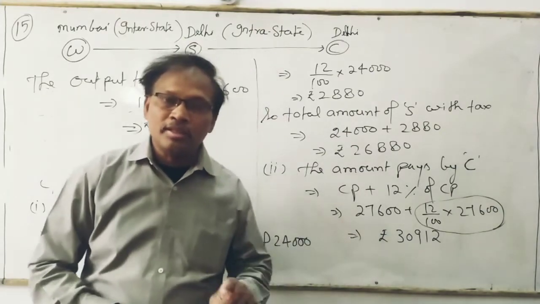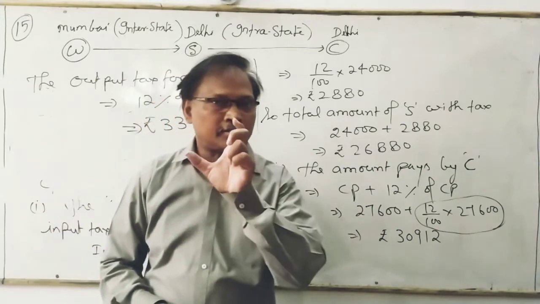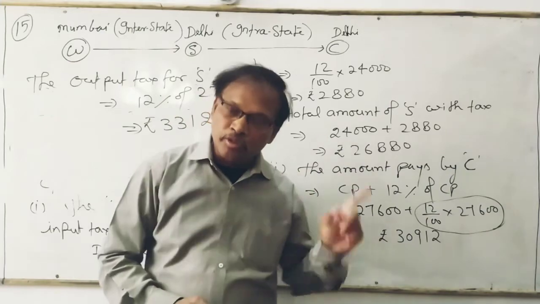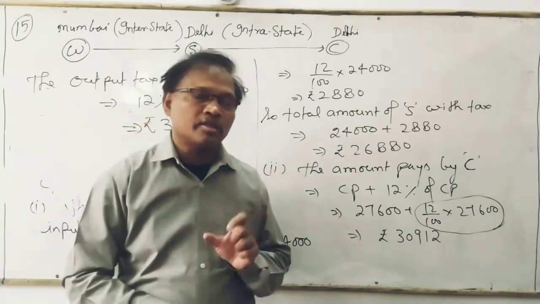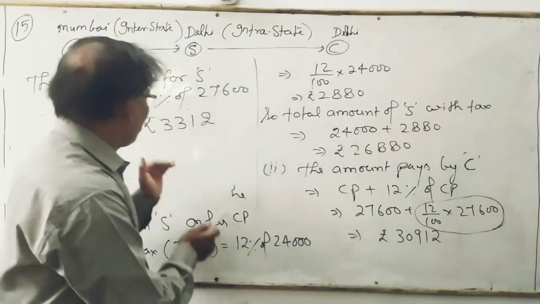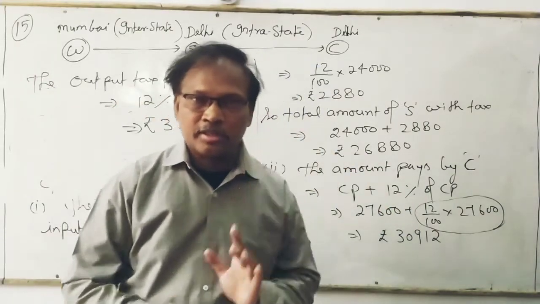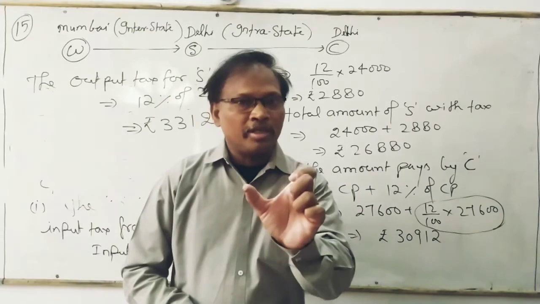But one time he has given the input tax as IGST, meaning to the central government, to the wholesaler. Then why will he give half of this to the central government and to the state government? So he'll take the difference.